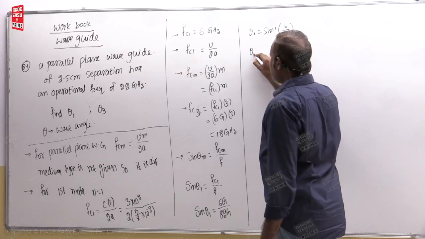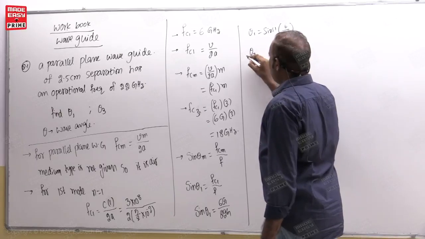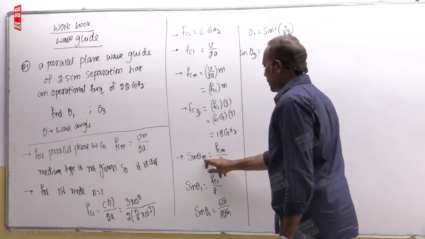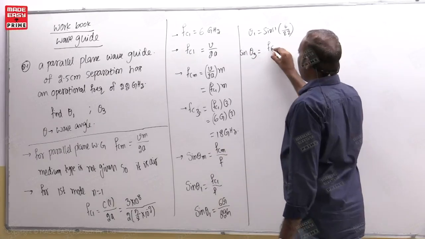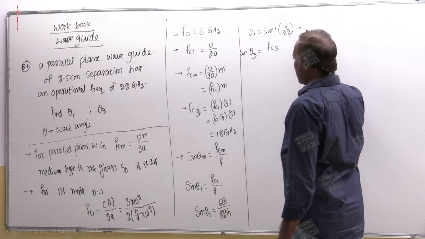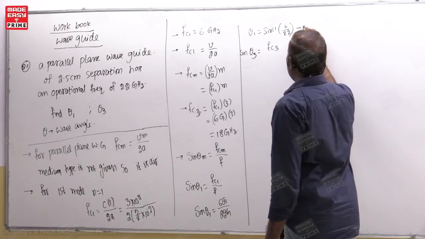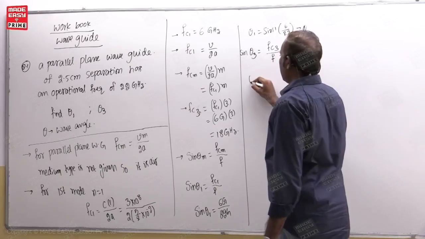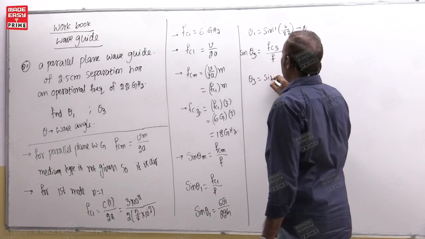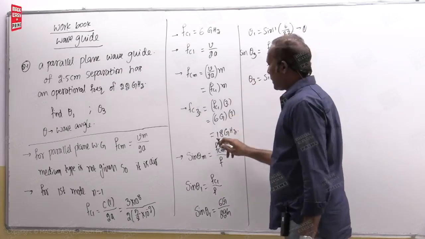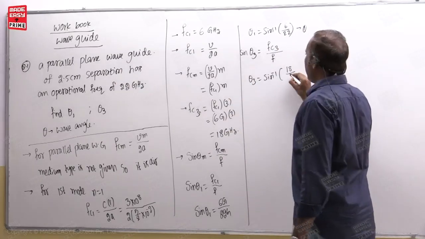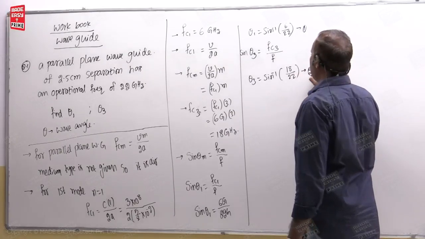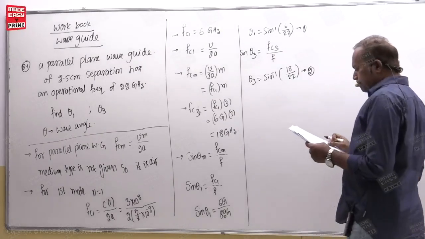Then similarly sin theta 3 is equal to FC3 divided by F, M is equal to 3, you have to substitute. So theta 3 is equal to sin inverse of FC3, 18 giga divided by 22 giga. So this is the answer, second calculation. Okay.